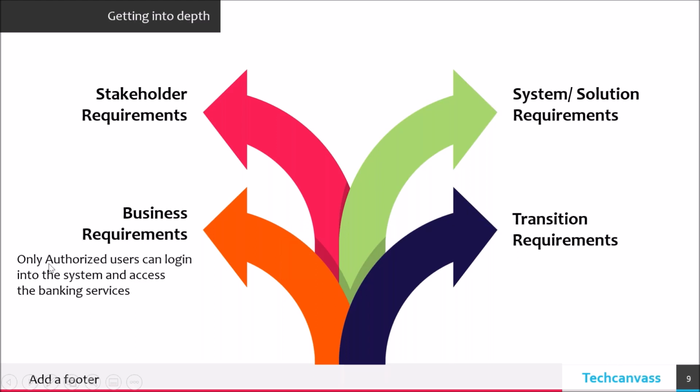The requirement is: only authorized users can log in to the system and access the banking services. So you are developing software and you are talking to the customer. Out of all the requirements, this is one coming from the customer.